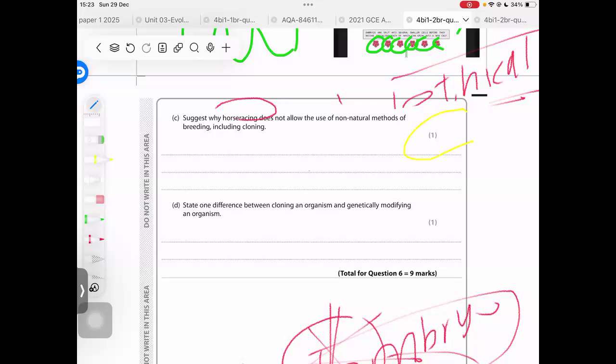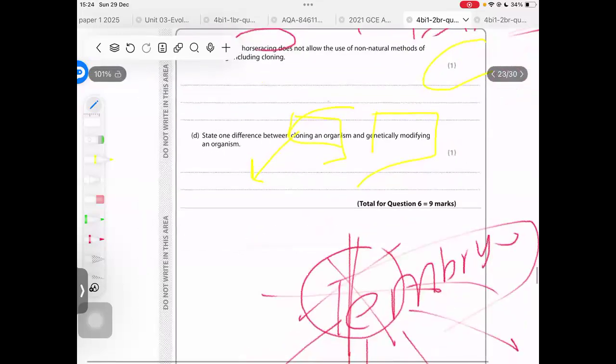Then they are saying, state one difference between cloning an organism and genetically modifying an organism. Cloning an organism will give genetically identical offspring. Everyone will be genetically identical to each other. But when you are genetically modifying, you are giving a variation to that particular organism.